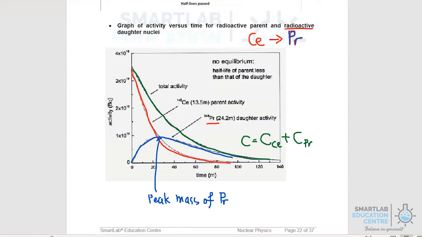To understand how the green line relates to the blue and the red, at any point of time t, if you sum this value with this value, you will end up with the total activity represented by the green line. And that is the reason why as time passes by, the green line would in fact coincide with the blue line, since most of the parent nuclei have been disintegrated.